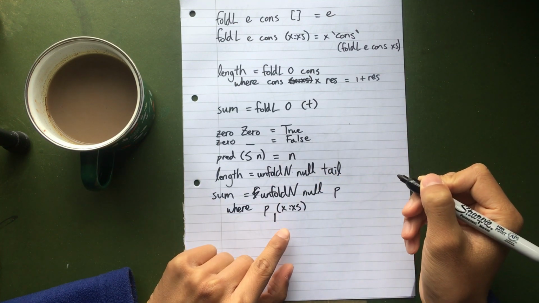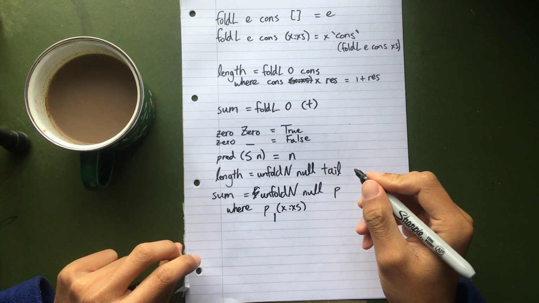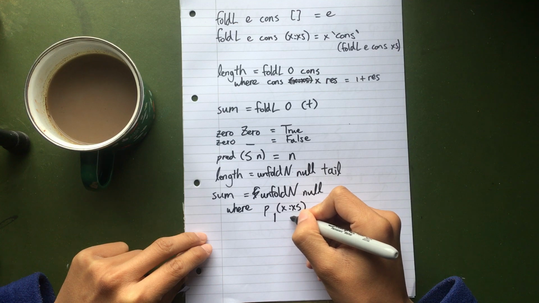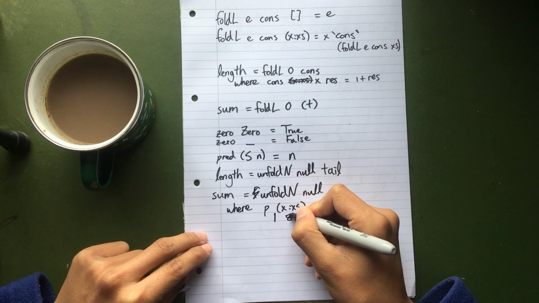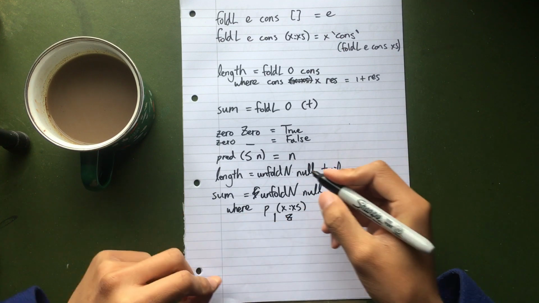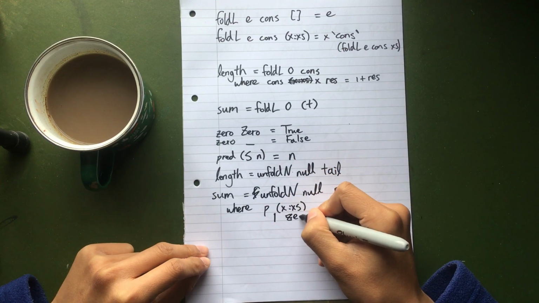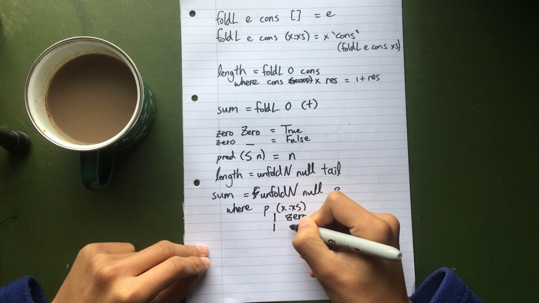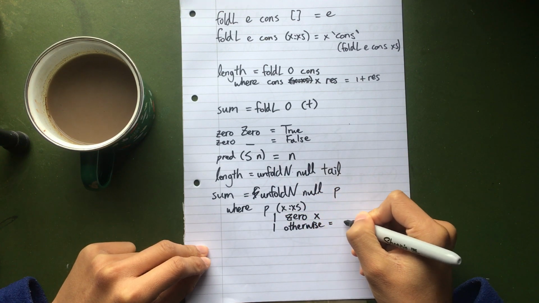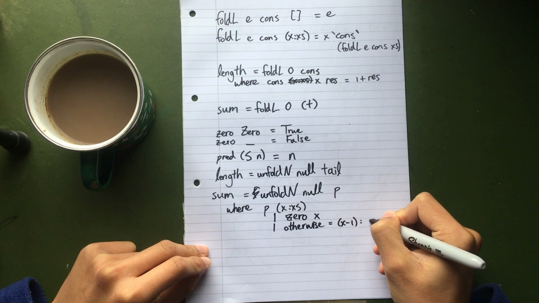If x is not 0, then we're going to take one off of x and return the list back. Let's say we either have 0:xs or we have otherwise. In the otherwise case, we're going to return x minus 1 cons onto xs.